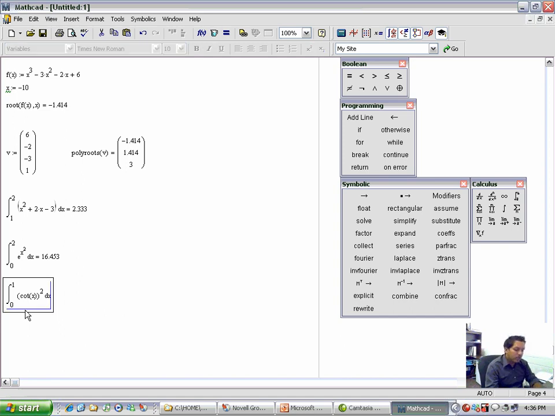Actually, try to find an analytical solution for these. And in this case, it didn't find an answer because the cotangent is the cosine over the sine. So this is an integral that is improper, because when you evaluate the cotangent of 0, you get a singularity.